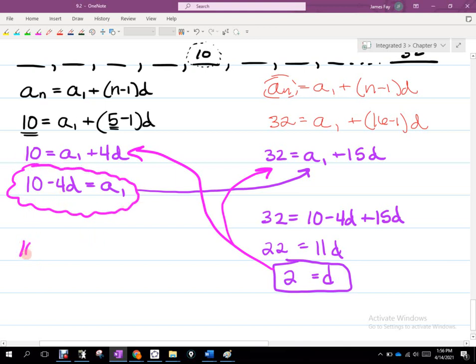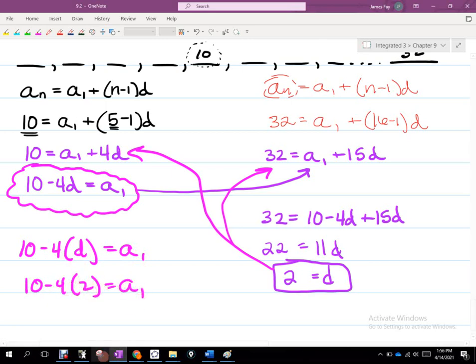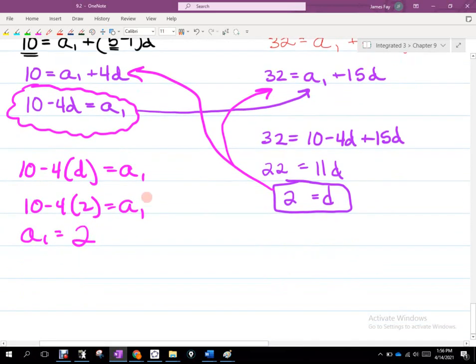If I go 10 minus 4 times d, that gives me a1. What's 10 minus 4 times 2? What's a1 got to be then? 2.